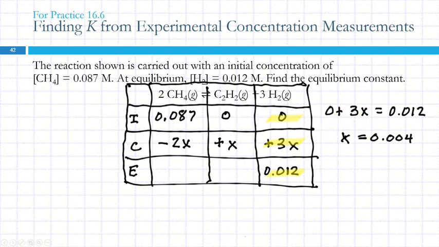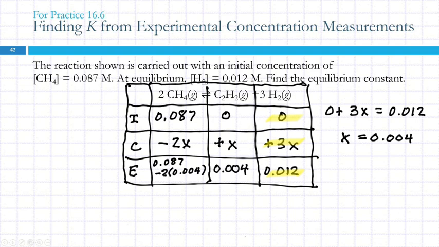So here we're adding 3X to get this. Here, if we're adding 1X, one of these, to 0, what do we get? We get X, right? 0.004. Here, we're subtracting 2 of those. So we could write it like this, 0.087 minus 2 times 0.004.